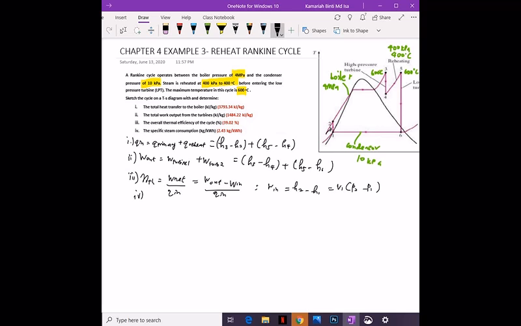Then the last one is SSC, which is easy to find, 1 over W net. Okay, so next we need to find all the enthalpy values for our solution, which is enthalpy at points 2, 3, 4, 5, and also enthalpy at point 1, V1, P2, and P1.